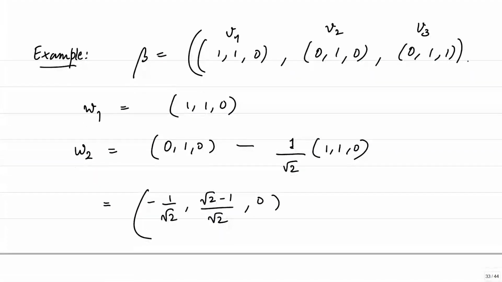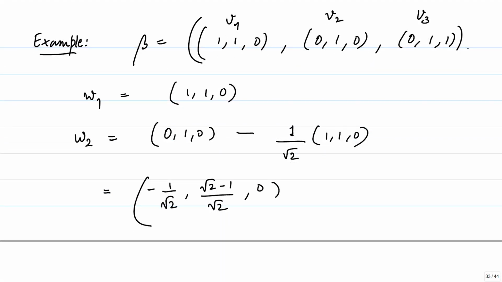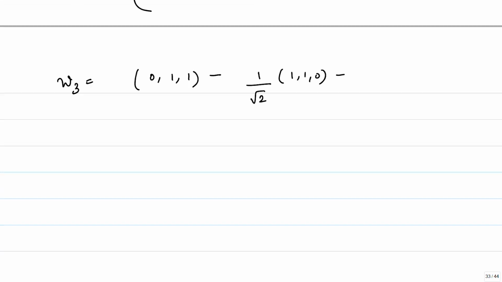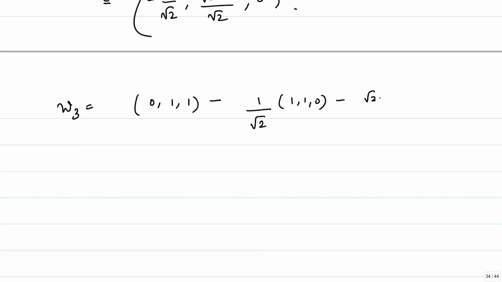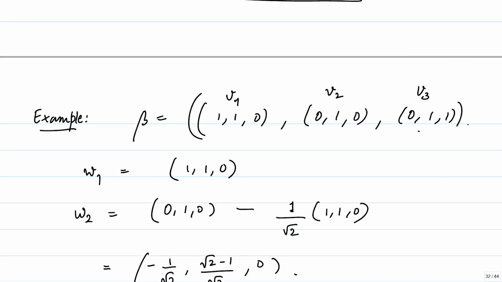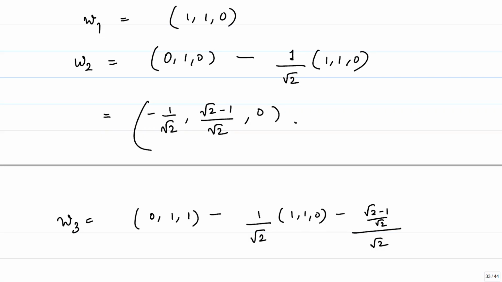W2 will be a bit more complicated. This will be the inner product of V3 with this. So this is going to be 0 root 2 minus 1 by root 2... maybe I am making a mistake.